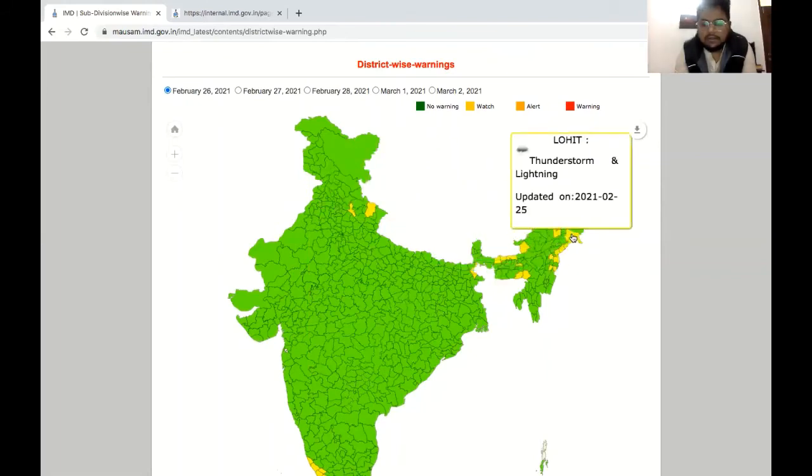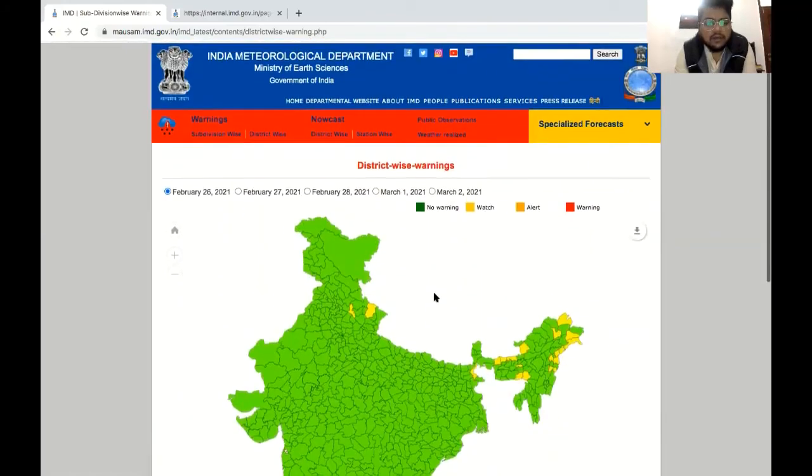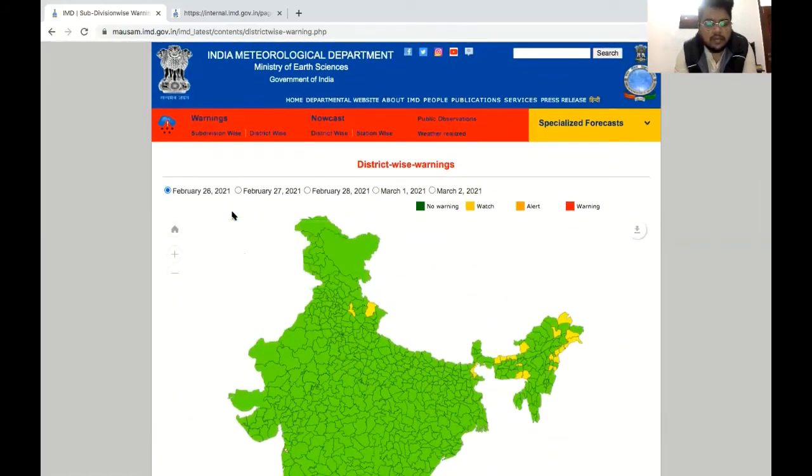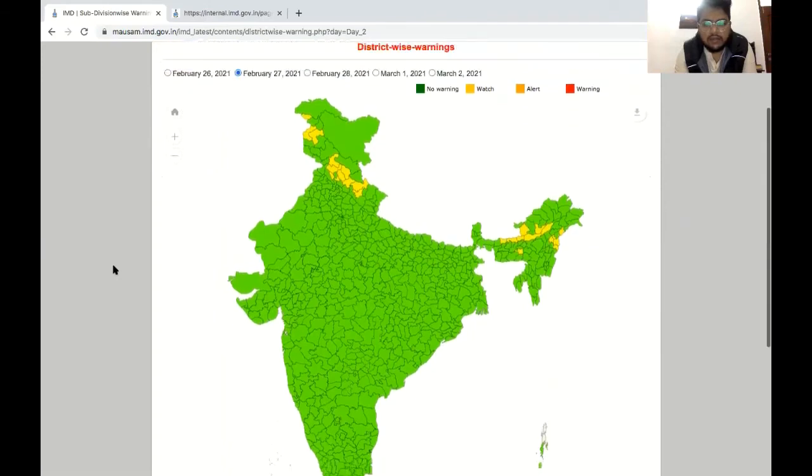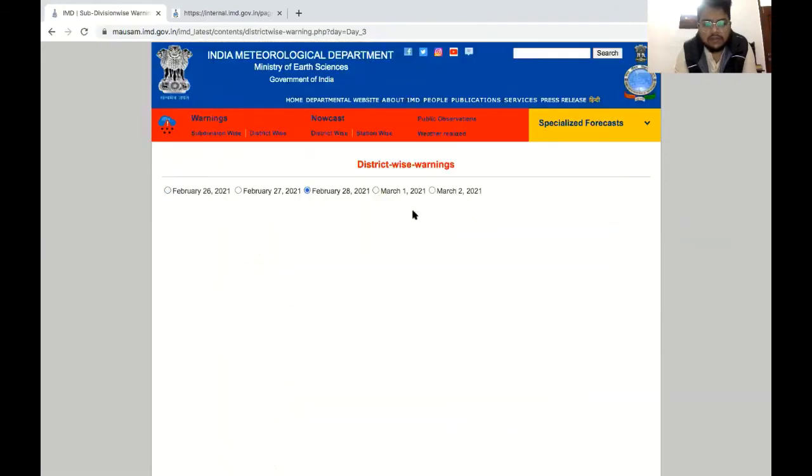Similarly, in Lohit, which is a district in Assam, there is also a thunderstorm and lightning warning. Similarly, IMD also forecasts the weather conditions for the next few days. So you can see the warnings for say 27th of February, then 28th of February, and so on.